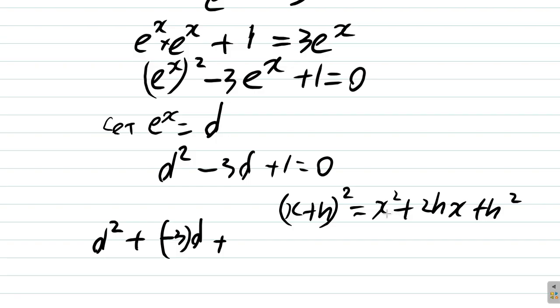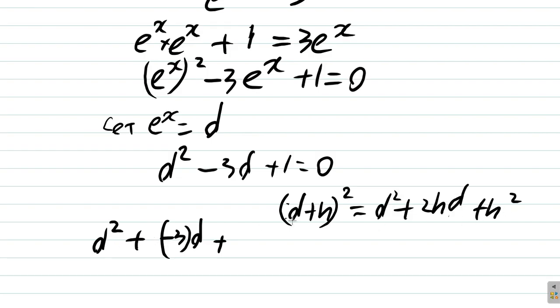This is generally the way you represent this thing when you're completing the square, x plus h squared. But guess what, since it's d we're dealing with, let's use d. So d plus h squared is d squared plus 2hd plus h squared.